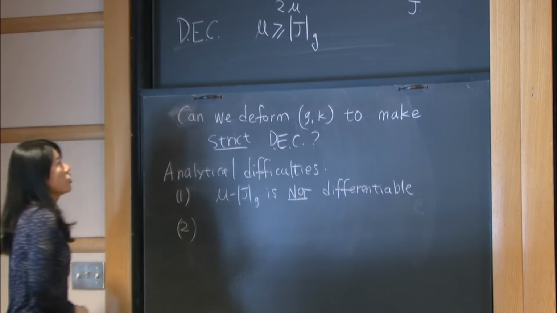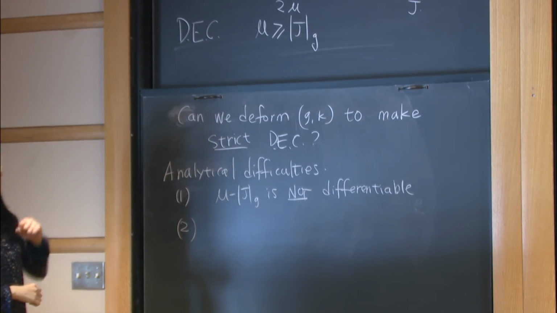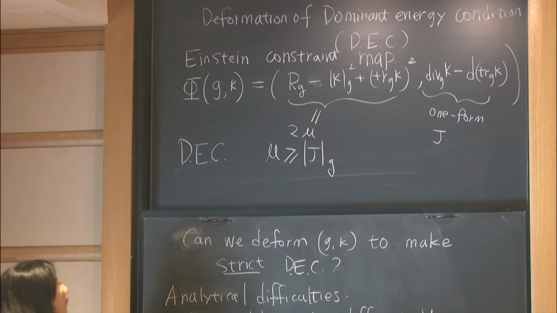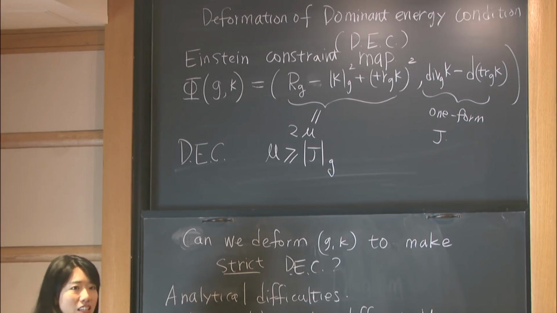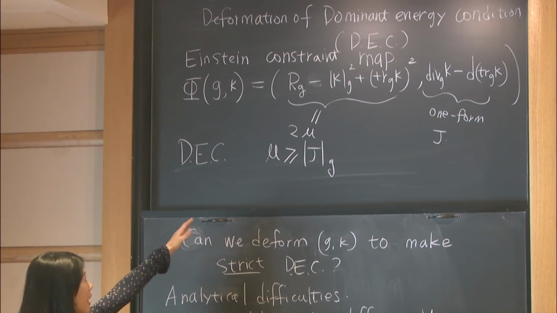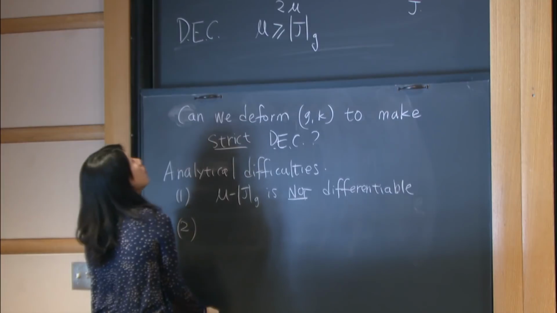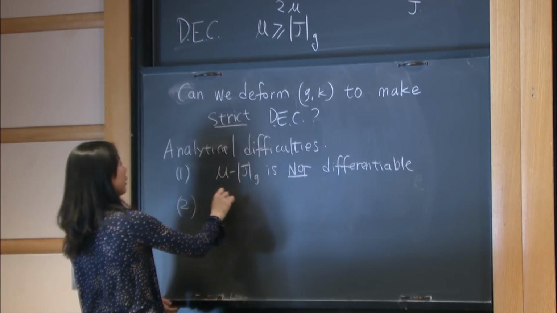So there are some suggestions which we may work on this tensor valued map phi, and look at whether the tensor valued map phi is surjective, and then we can reduce to this combination to be surjective. But that approach is also not working.